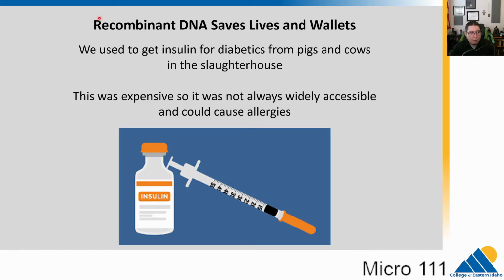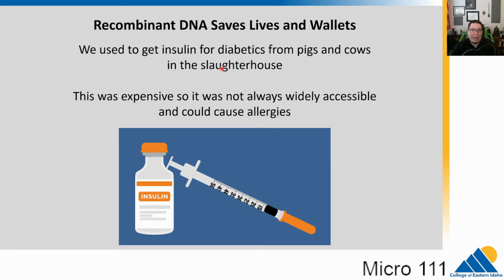The ultimate end of this is that diabetics need to inject themselves with insulin to help regulate the processing of their blood sugar. In the past, diabetics had to get their insulin from pigs and cows in slaughterhouses. We would extract pig insulin or cow insulin from any animal that was being slaughtered.